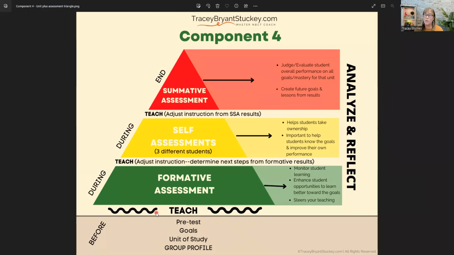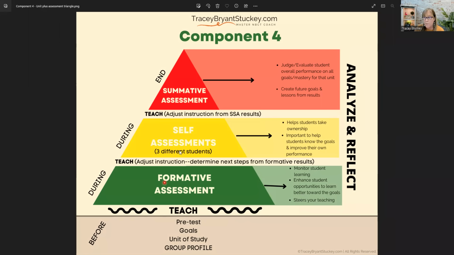And then after you've taught a little bit, you're going to do the formative assessment. That's during the unit. During the unit, you are monitoring student learning through formative assessment. You are enhancing opportunities to learn better toward those goals. That's what formative assessment represents for the National Board. And you're steering your teaching through the formative assessment.